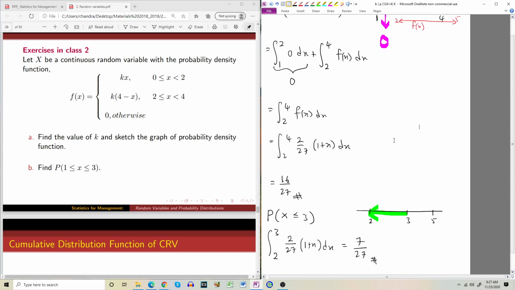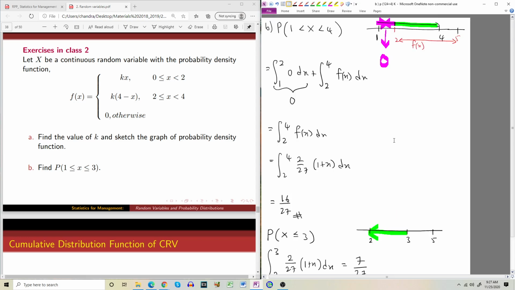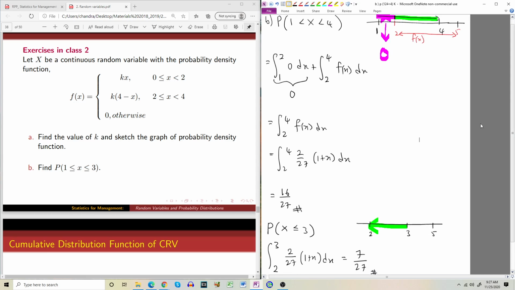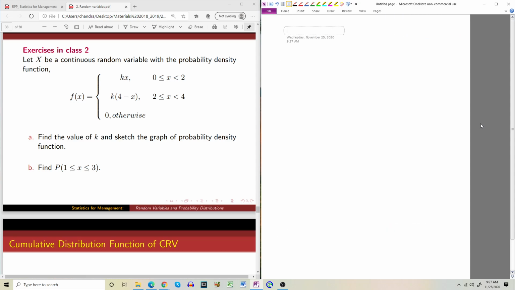Let us move on to exercise 2. Find the value of k and sketch the graph. Sketch, no need to sketch. Okay, find the value of k.